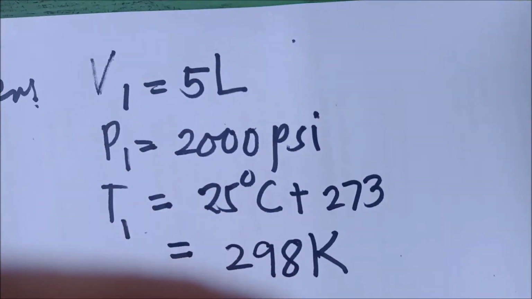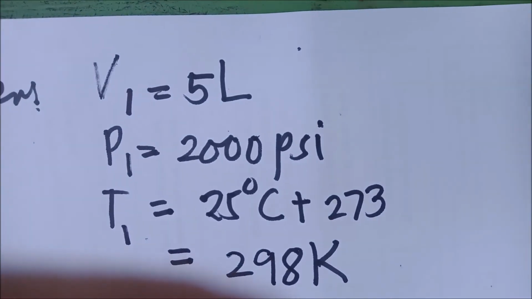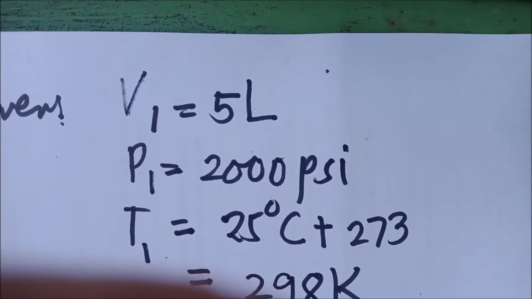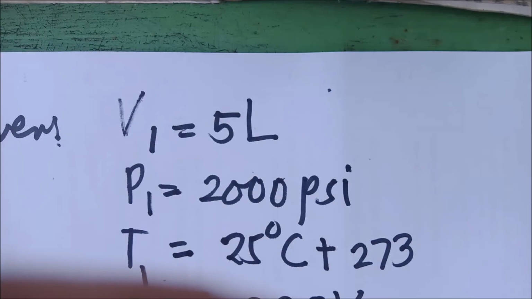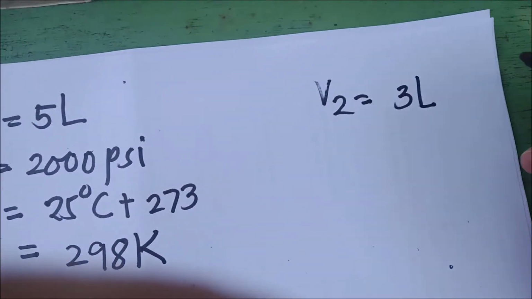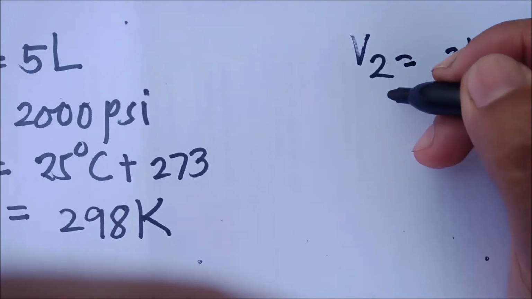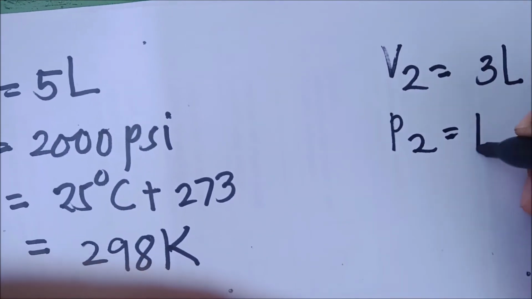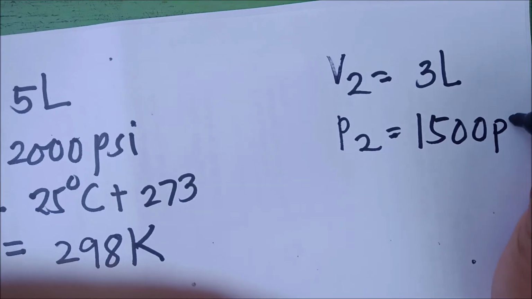For our final conditions, to produce a 3-liter oxygen gas in the tank, the pressure must be 1500 psi.